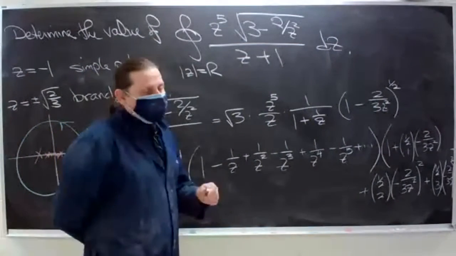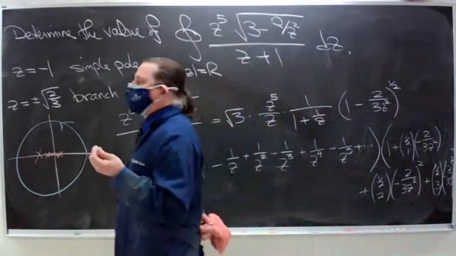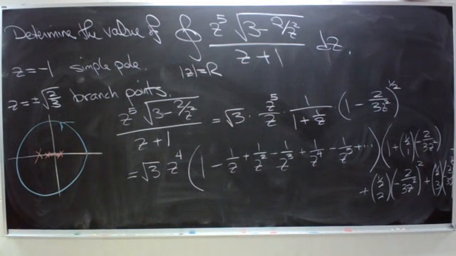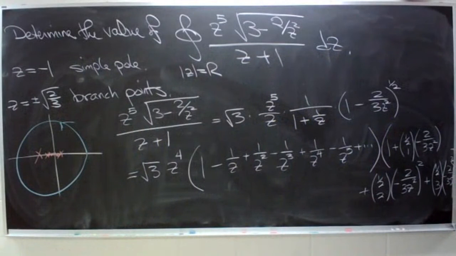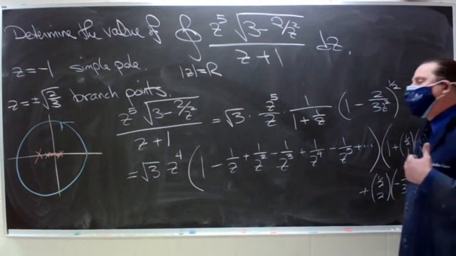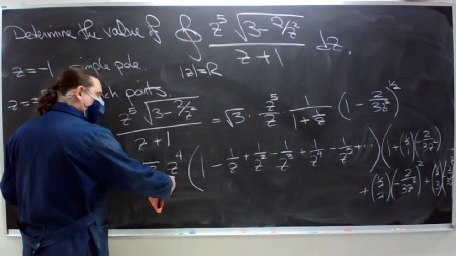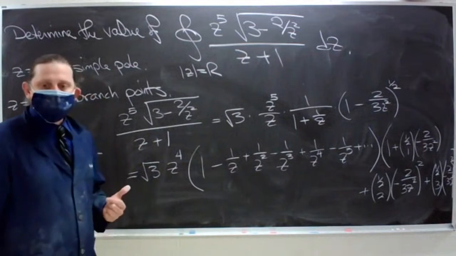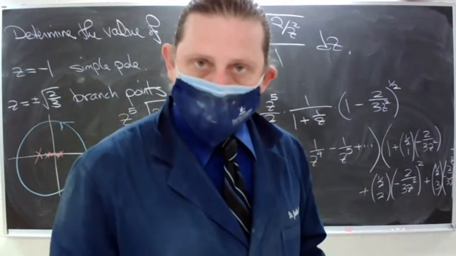Here, when we multiply, remember that the only power that's going to give us a non-zero contribution to our loop integral is z to the negative 1. So that means that out of this product of two expansions, I need to pull z to the negative 5, so that when it combines with z to the fourth, it will give me z to the negative 1. All of the other terms will fail to contribute to the loop integral.